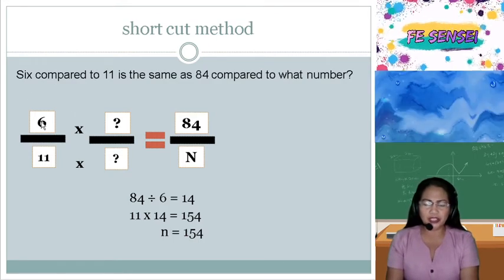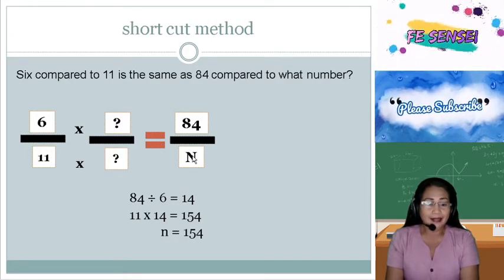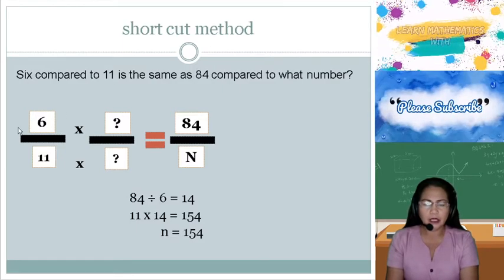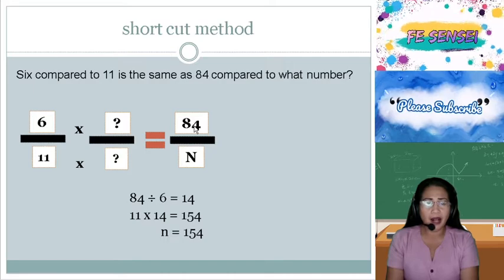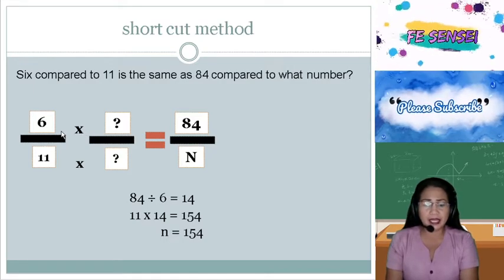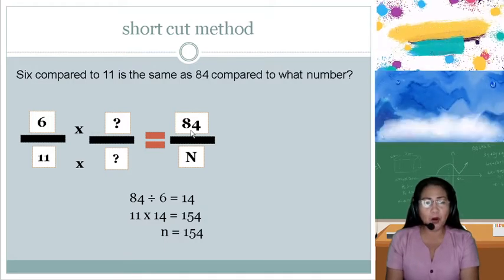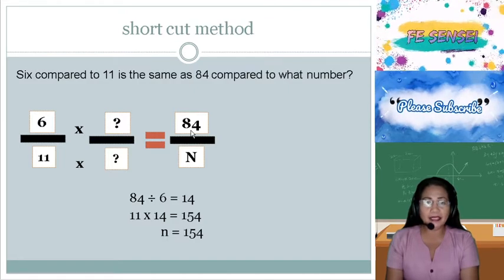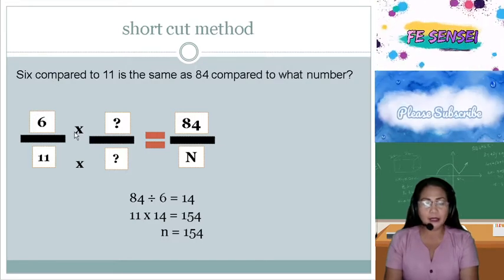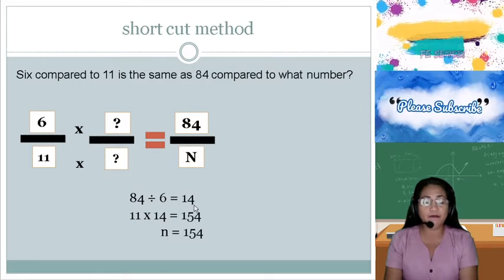Again, this is our equation. 6 over 11 equals 84 over the unknown. Then, examine the numbers. 6 becomes 84. How? What number do we multiply by 6 that gives us 84? Since multiplication and division are opposites, do the opposite. Instead of multiplying, divide 84 by 6 and we have 14.